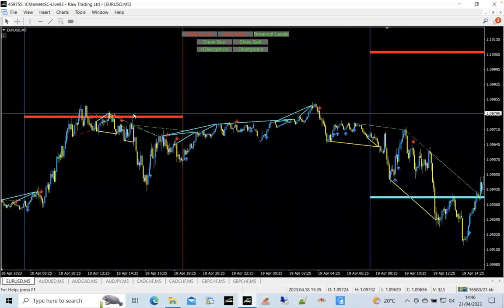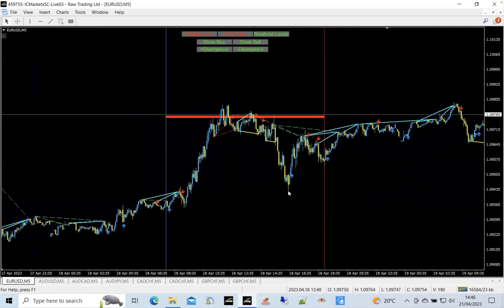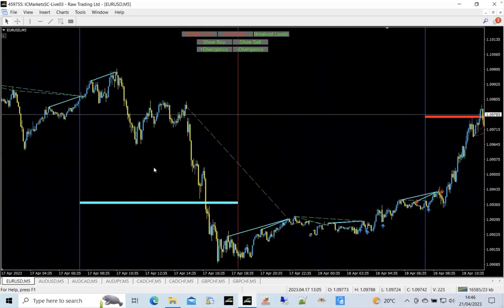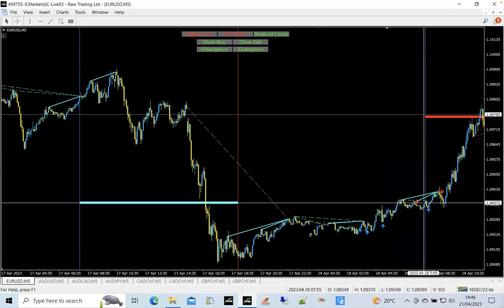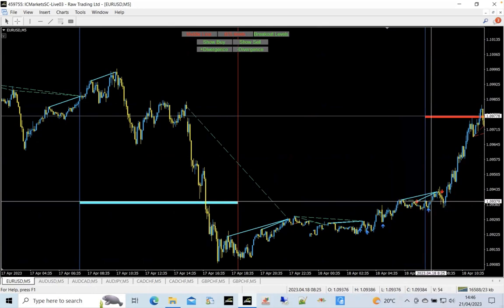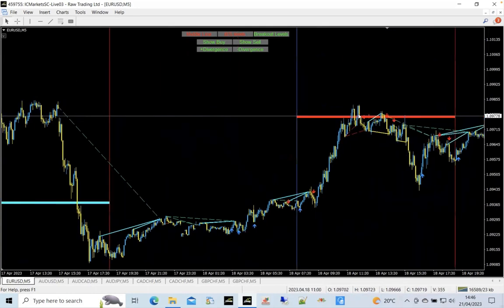Sometimes you can see this failed as a buy breakout, but it went down and touched the sell breakout. So this is something that can be useful in trading. For example, here you see it went below the sell breakout, but at some point it managed to go up above the level, this one, the sell breakout, and then it went up to the buy breakout.